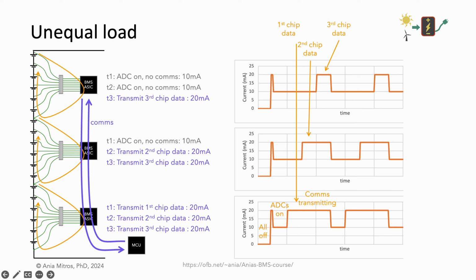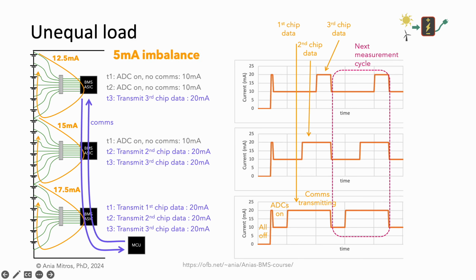Then, the last chip transmits its data, relayed consecutively by the other chips, with high supply current drawn by all chips. And the cycle repeats. The average current consumption for the three chips in this example are 12.5 milliamps, 15 milliamps, and 17.5 milliamps, which would cause a 5 milliamp imbalance between the groups of cells monitored by the top and bottom chips. The details will differ with the exact timing and number of chips.